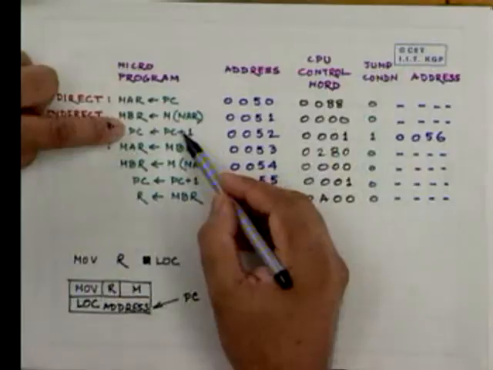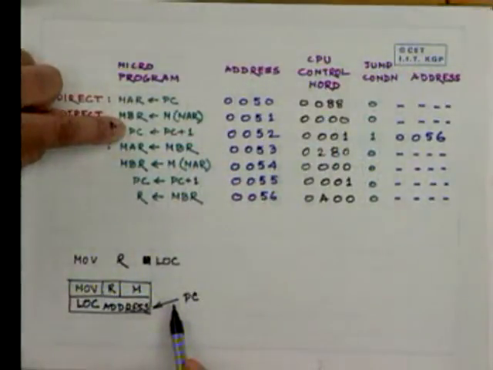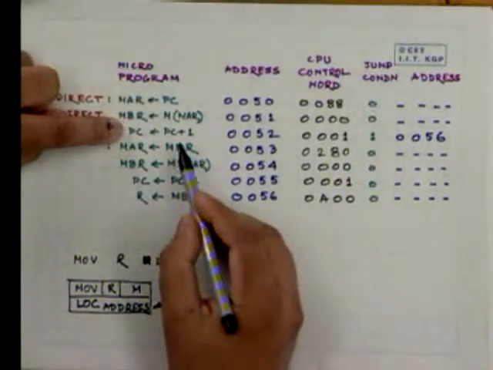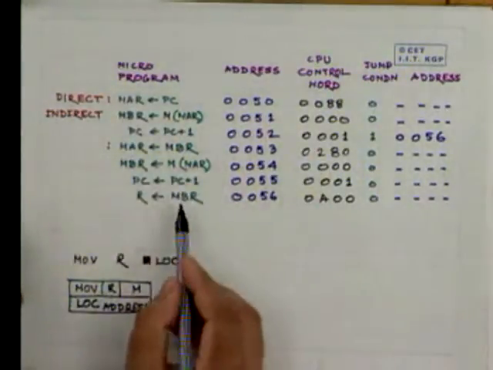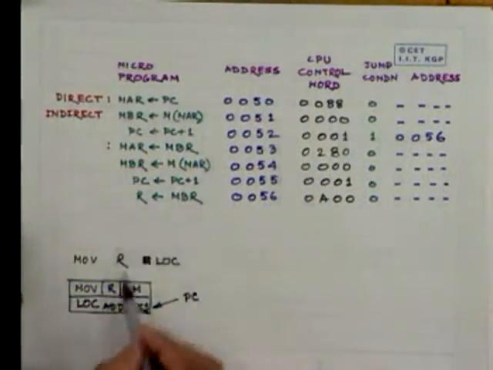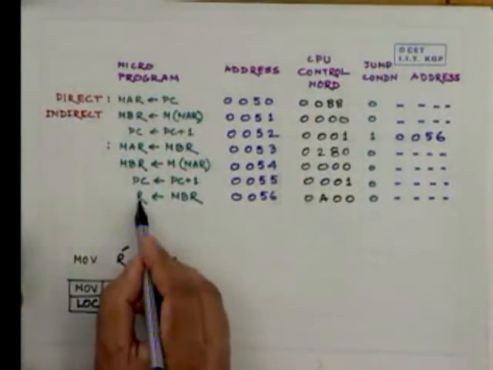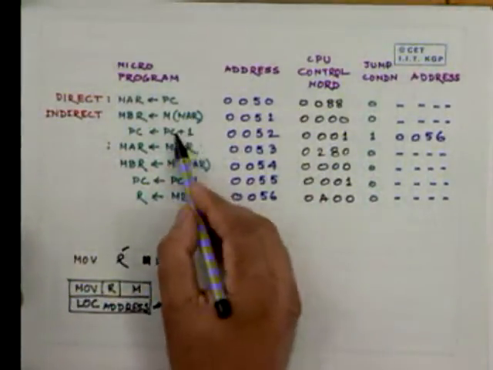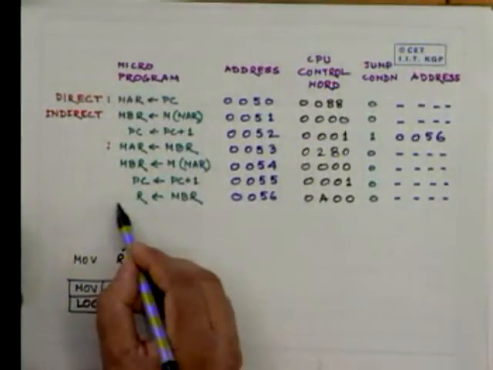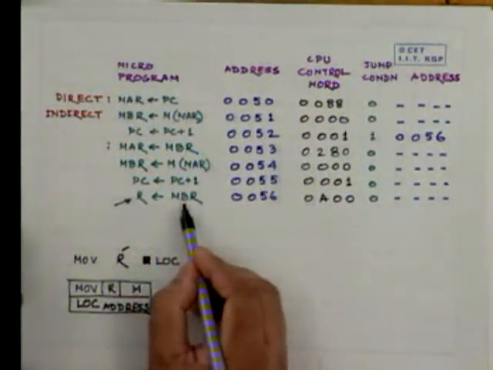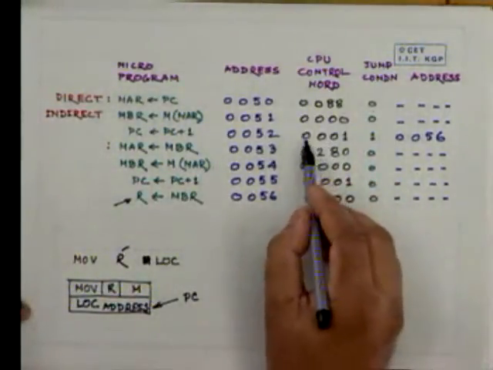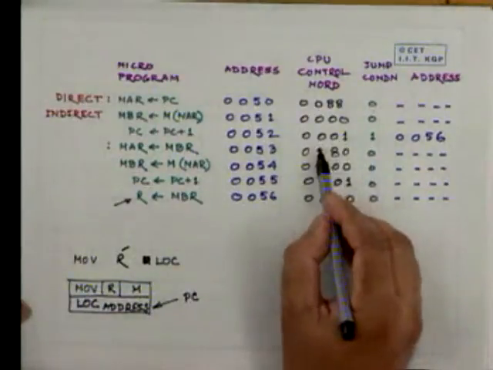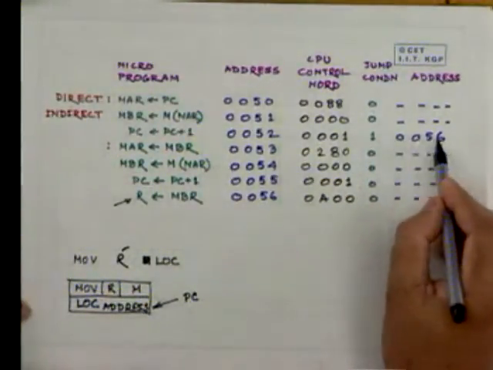Now after the program counter is incremented, in the case of direct addressing, the operand is already in the memory buffer register. Therefore, the memory buffer register can be sent directly to the designated register R. So after the program counter is incremented, we should execute this instruction straight. That means after the program counter is incremented at location 52 by this control word, we should come to location 0056.